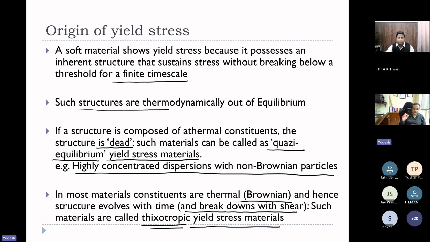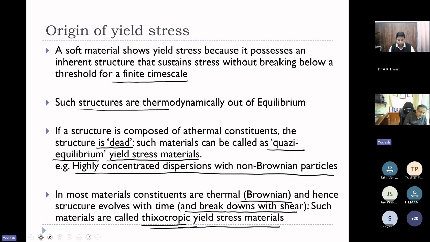So yield stress fluids have two types. One type is the quasi-equilibrium yield stress fluids, where constituents are thermally non-active. But when constituents are thermally active, you get thixotropic yield stress fluids. What those are and how that behavior looks, I'm going to discuss in the present lecture.